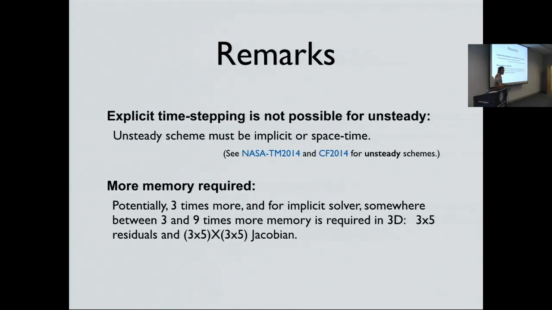Explicit time stepping is not possible because this is based on a hyperbolic formulation which is equivalent to the original in the steady state. But an unsteady scheme can be constructed by implicit or space-time methods, and we have actually done this with algorithms.